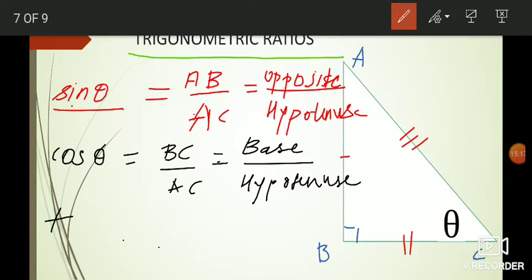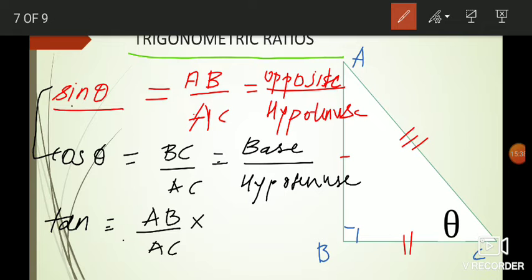Okay, so we have one more ratio related to it. Suppose we divide sin theta by cos theta. What do we get? Opposite upon hypotenuse. Now let me write it in terms of sides: AB by AC divided by BC by AC.